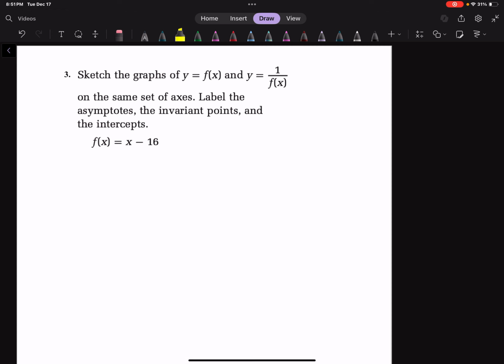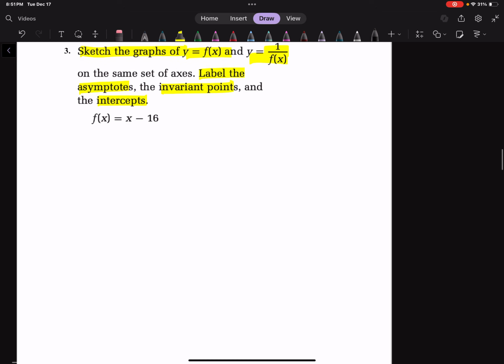To sketch the graph of the reciprocal function and base graph, it says find the asymptotes, invariant points, and intercepts. We know what asymptotes are. There are two types of asymptote we have to learn here: vertical asymptote and horizontal asymptote.